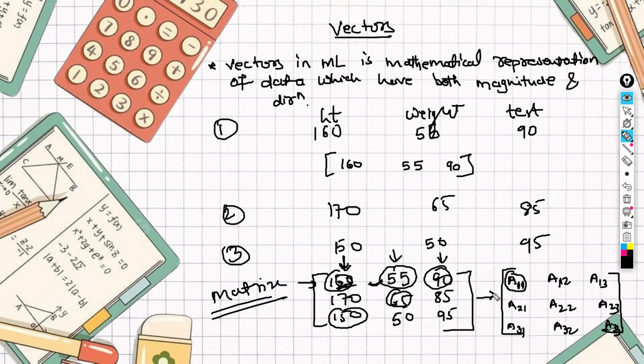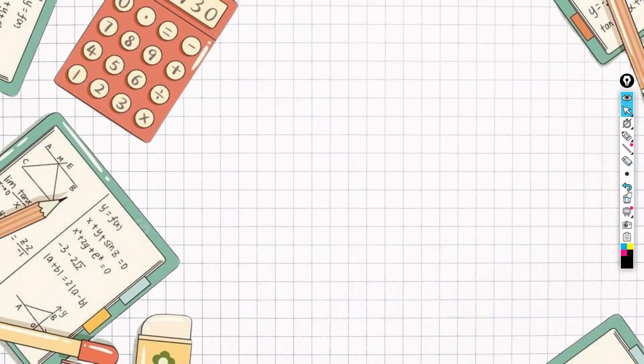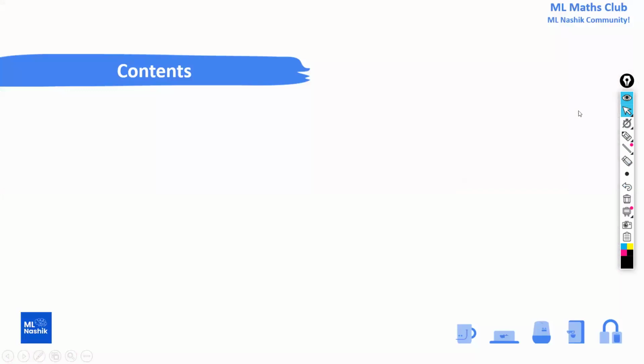So students, now let us understand what are the different types of matrix. Now, suppose we have all the elements in a single row, like 1, 2, 3.